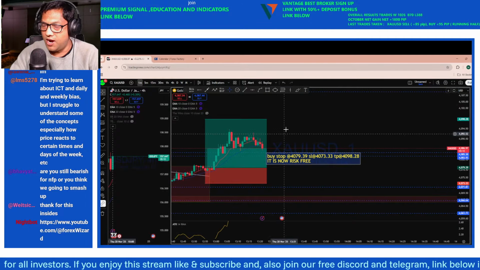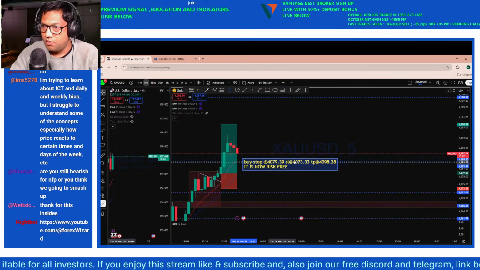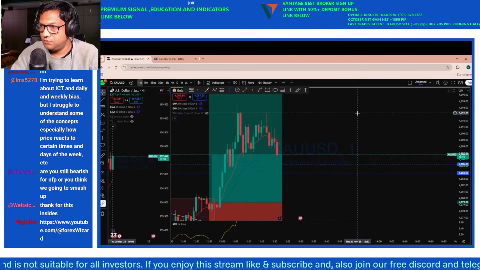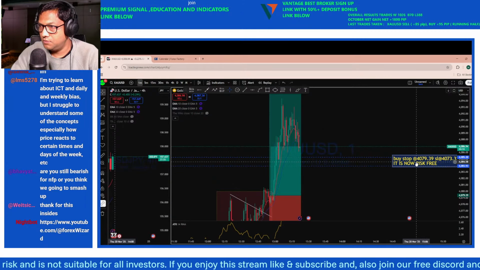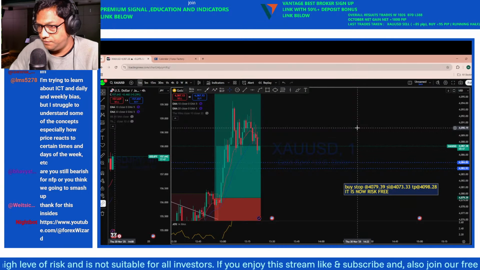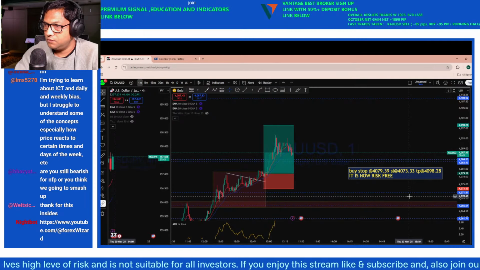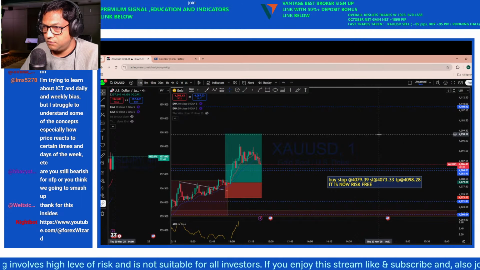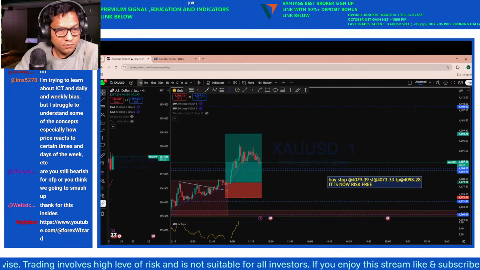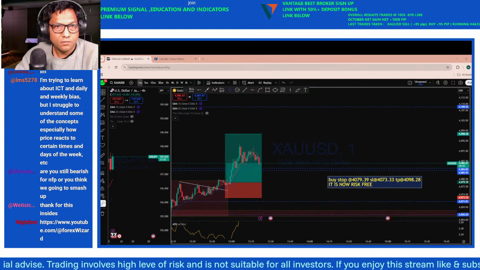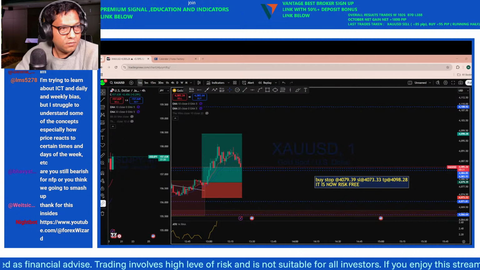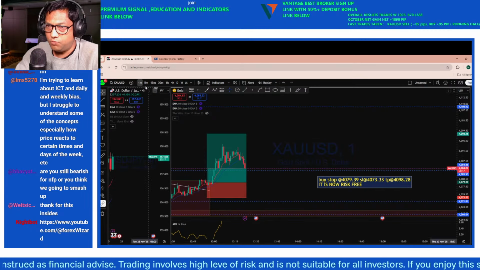Now that head and shoulders might push the price back below, and this is the recent support. So it just has broken that support that we discussed.